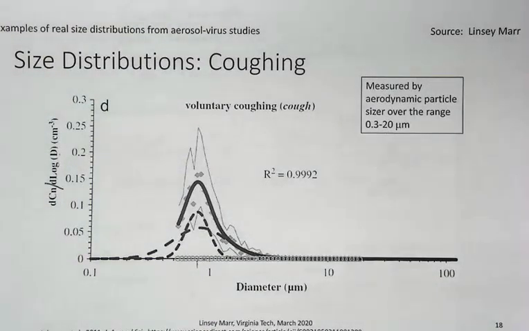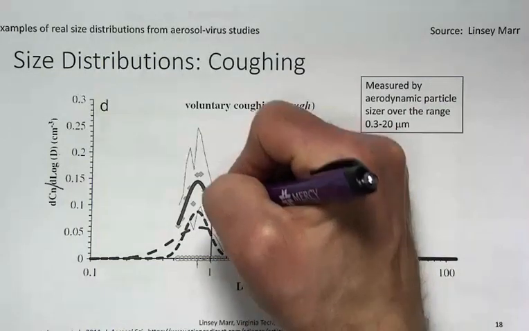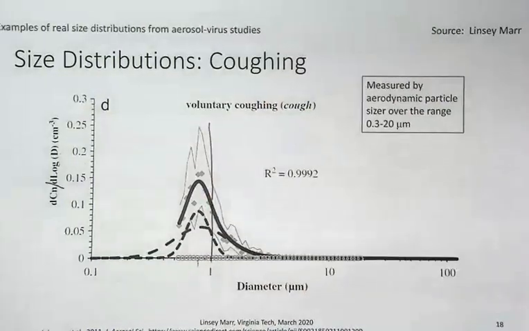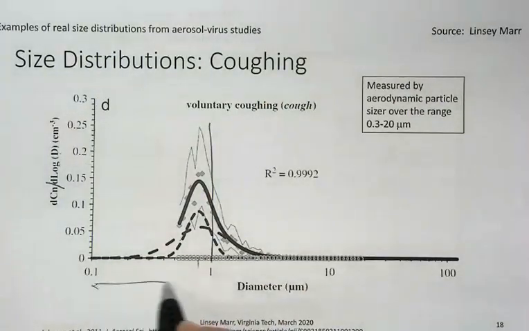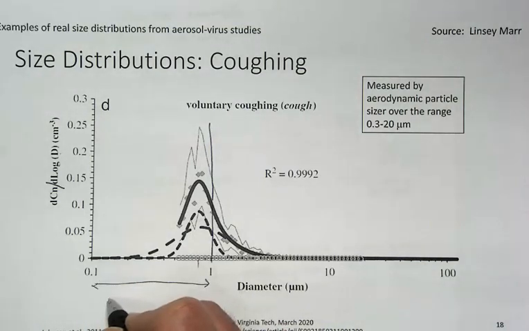Okay, so now we can say things like how many particles are there smaller than 1 micron. And so this is 1 decade right here. So delta N, that's our question.